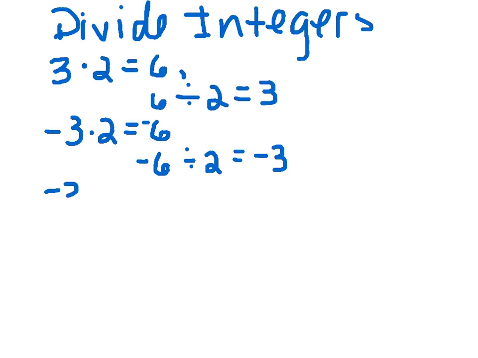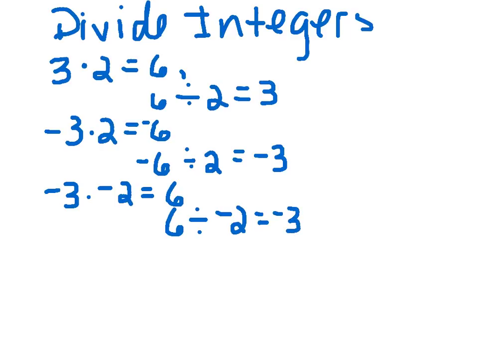If negative 3 times negative 2 is positive 6, then 6 divided by negative 2 is equal to negative 3. And the final one would be: if 3 times negative 2 is negative 6, then negative 6 divided by negative 2 equals positive 3.